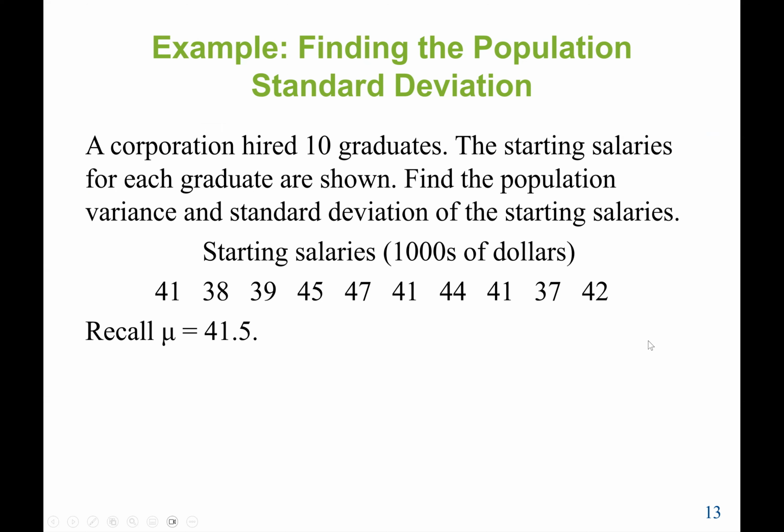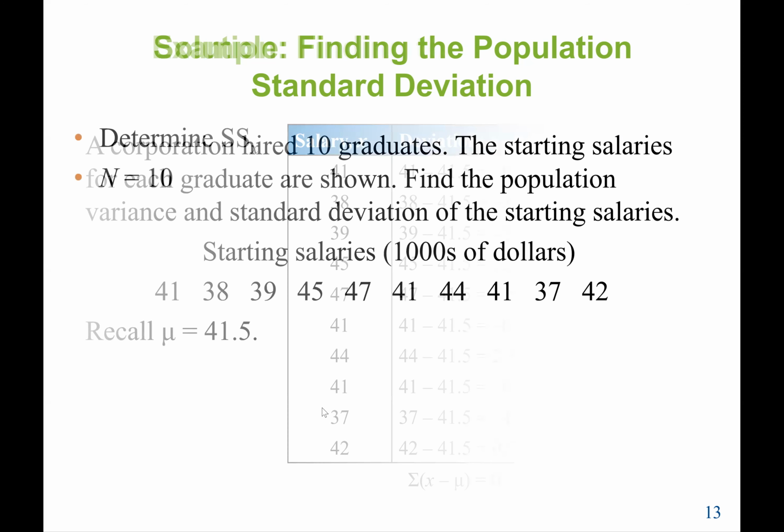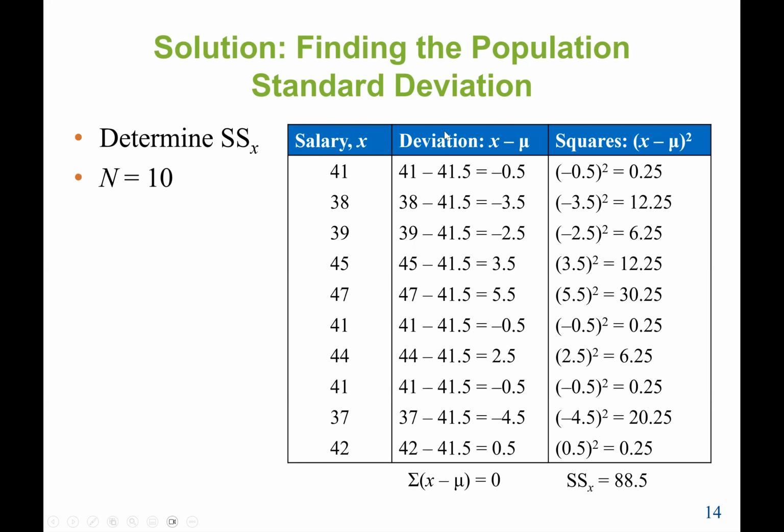We had all the values divided by 10, and that gives us 41.5. So now we are going to find the variance first: subtract the mean from each value, then we square. So the deviation will be our second column. We subtract the mean from each value. Then we square each deviation.